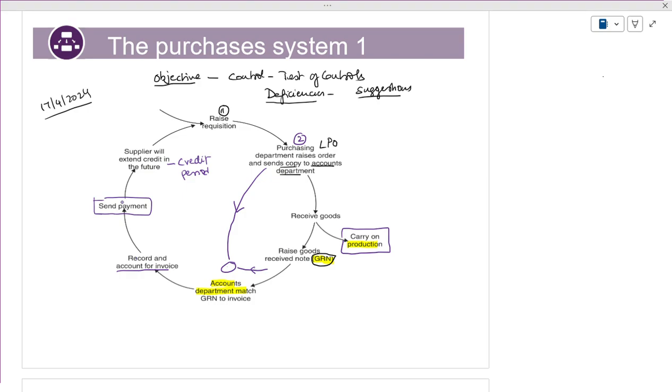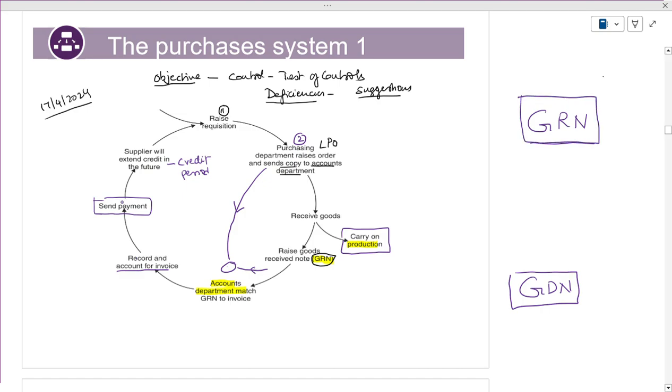There are two things: GRN and GDN. GDN is goods delivery note, and GRN is goods received note. Very important terminology. We have to verify. Goods received note is with respect to purchases. Goods delivery note is with respect to sales.